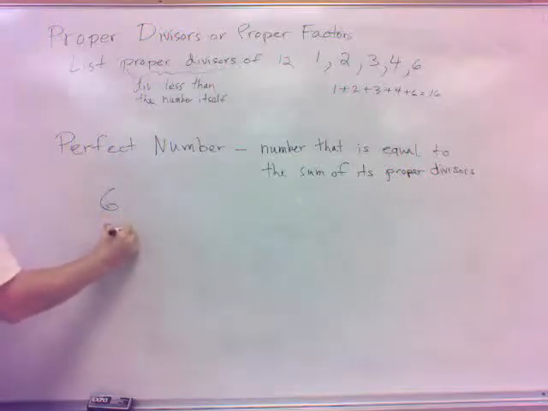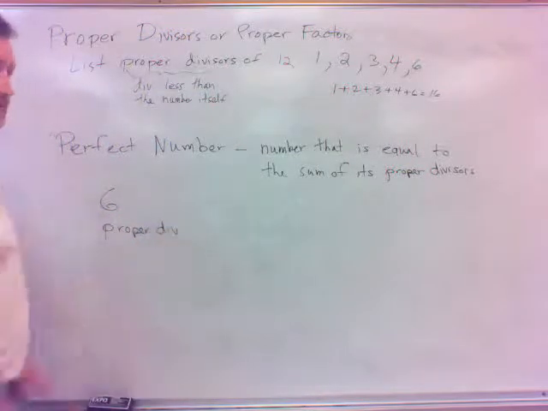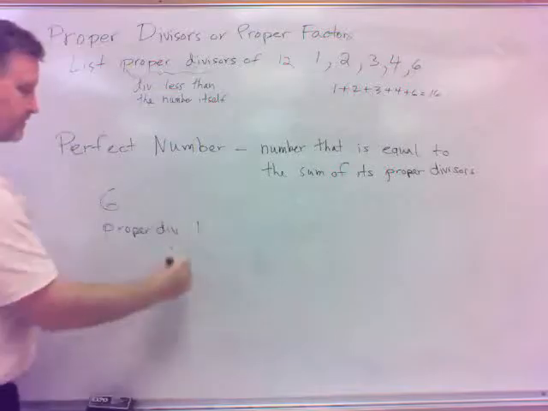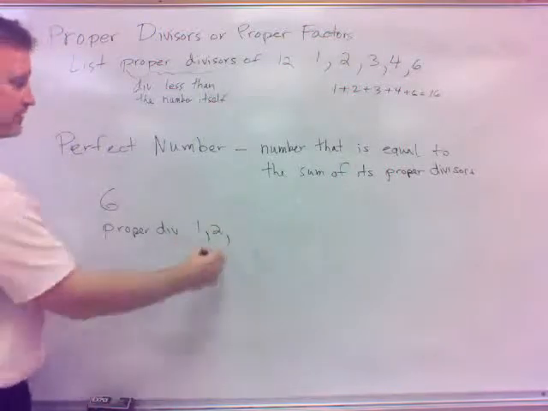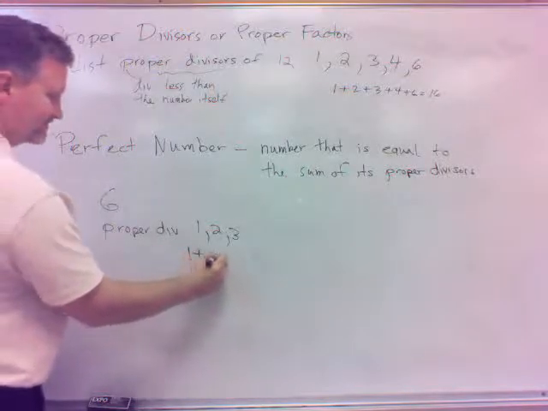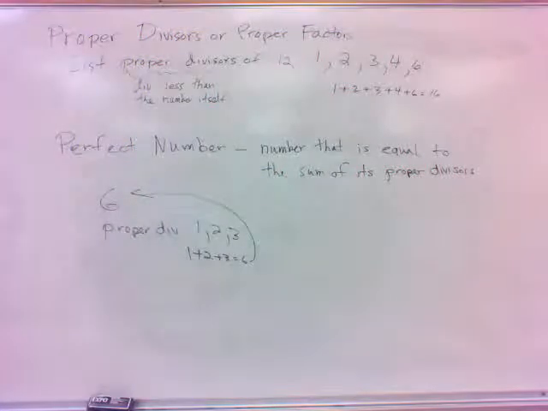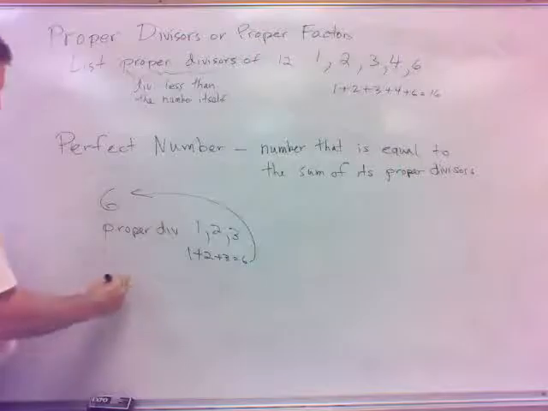What are the proper divisors of 6? 1 and 2 and 3. What do those add up to be? Aha. There's an example of a number that's equal to the sum of its proper divisors. So 6 is a perfect number. Matter of fact, it's the smallest perfect number.